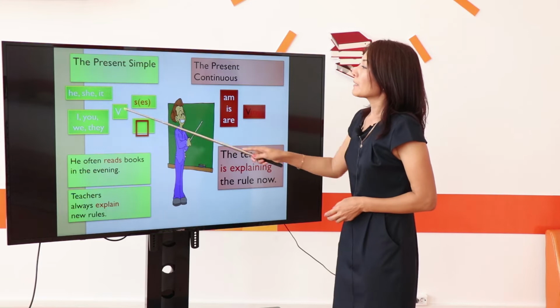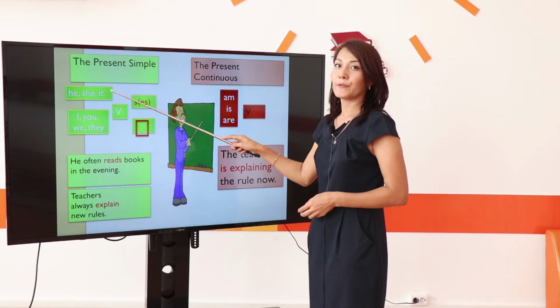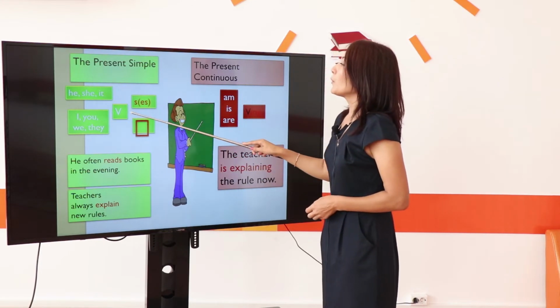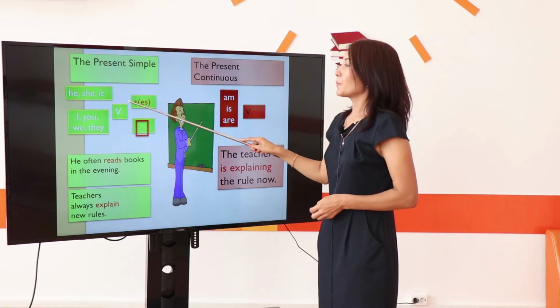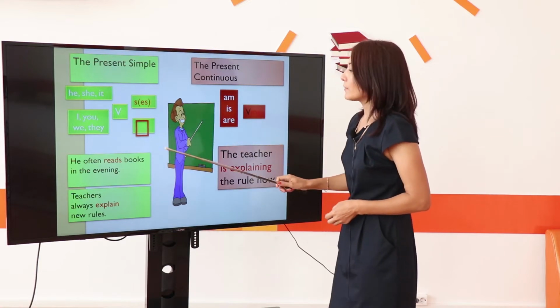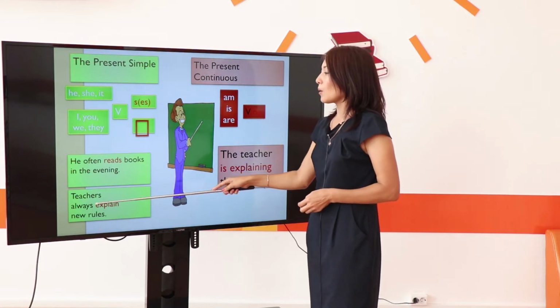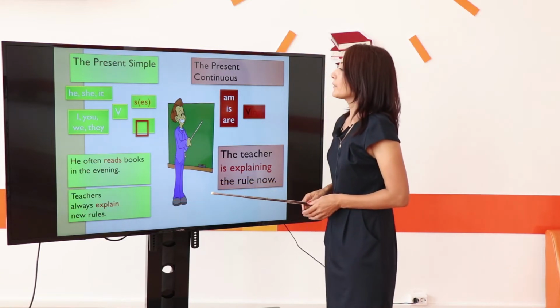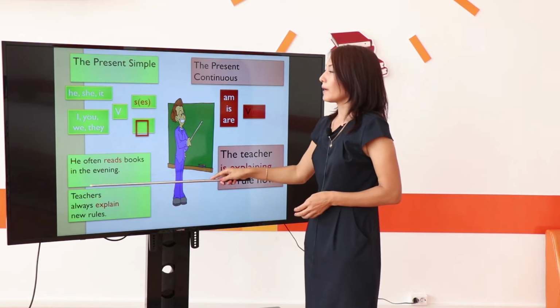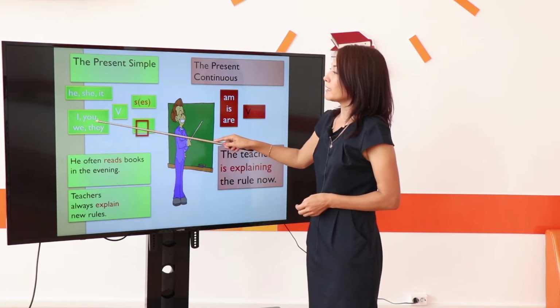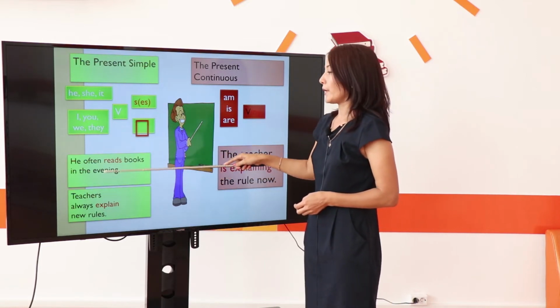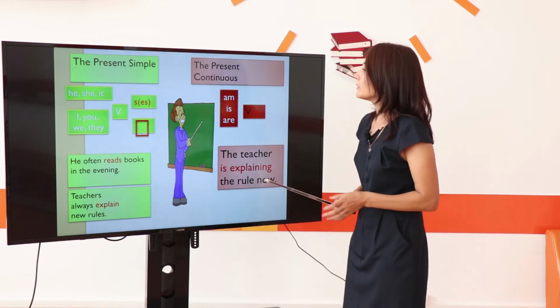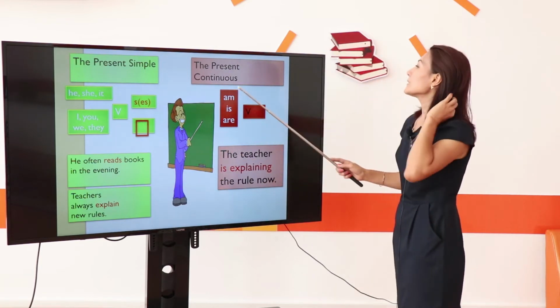If we use the pronouns I, you, we, they, we use just the verb without endings. For example, teachers always explain new rules. Teachers, yes, we can replace it with the pronoun they. They explain. Okay, good.